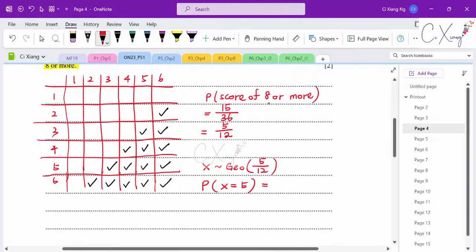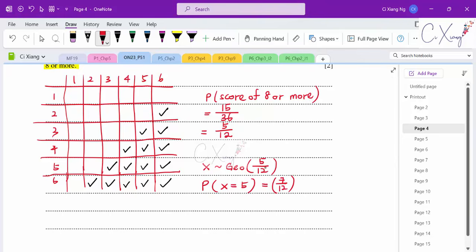So if the first throw does not obtain 8 or more, it will be 7 over 12, which is the opposite of this one. Then for the second throw, also not obtaining 8 or more. Third throw also not. Fourth throw also not. And finally on the fifth throw, you get the score 8 or more, which is 5 over 12. If you simplify this, you will have 0.0482, correct to 3 significant figures.